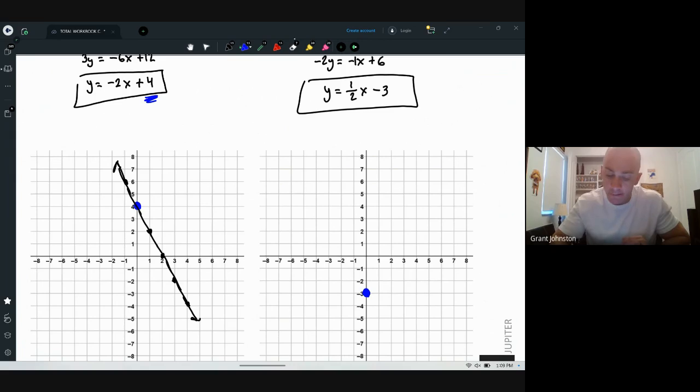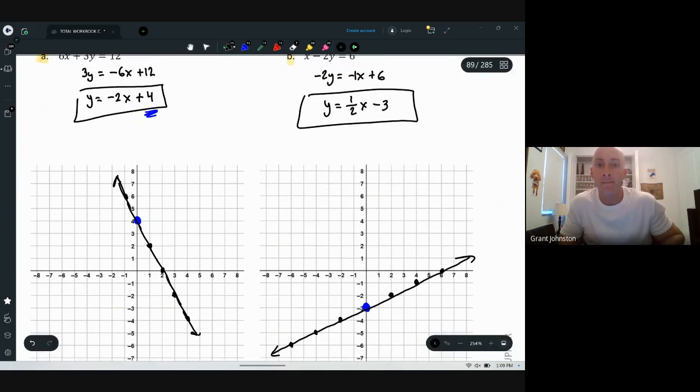Slope's 1/2. I know I'm going fast here, but we've done many of these. So slope's 1/2, so I'm going to go up 1 over 2. That's good enough. And there you have it.